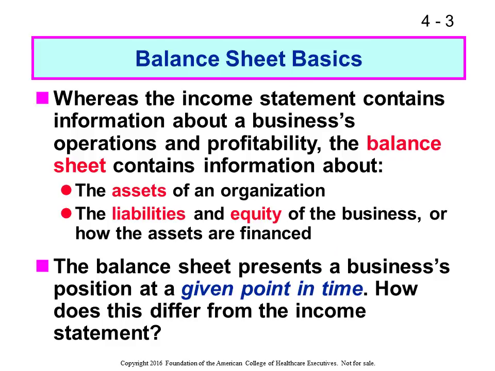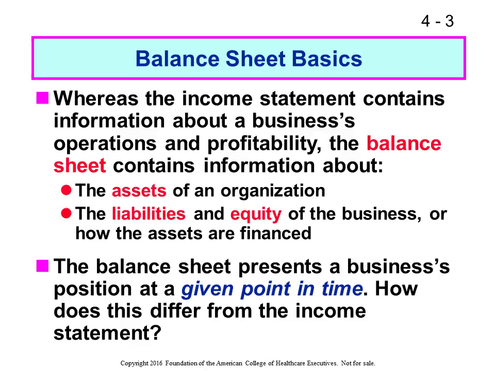Okay, on slide number 3, there are 3 main components of the balance sheet. You have your assets, your liabilities, and your equity. Now, what makes the balance sheet different from the income statement is that the income statement reports the results of operations over a period of time, whereas the balance sheet represents your financial position at a given point in time.